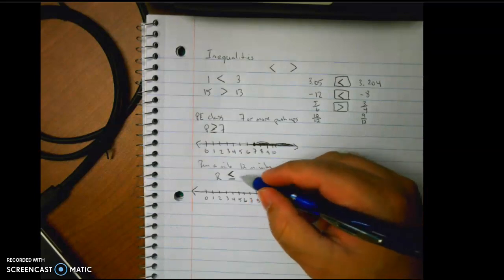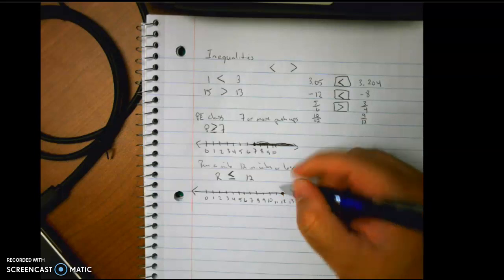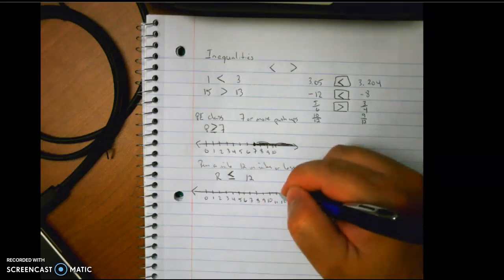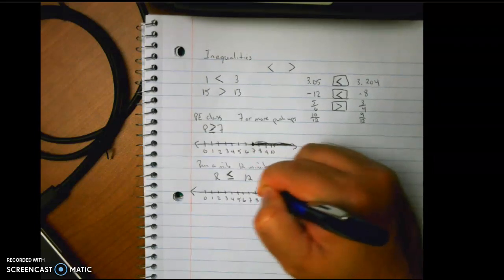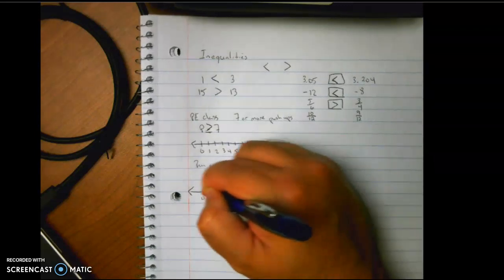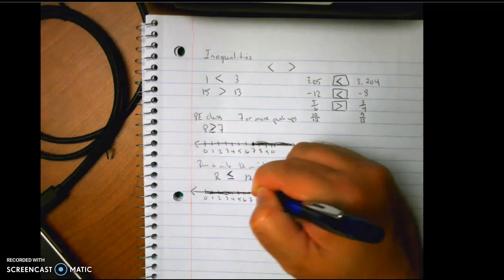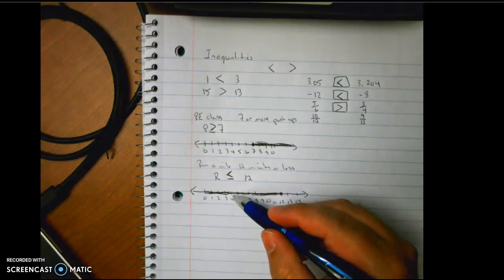Because we're equaling 12, it's a closed dot, but this time it can be less than. We're running it faster than 12 minutes, so we're going to shade this way. This inequality gets shaded this way because it's 12 minutes or less.